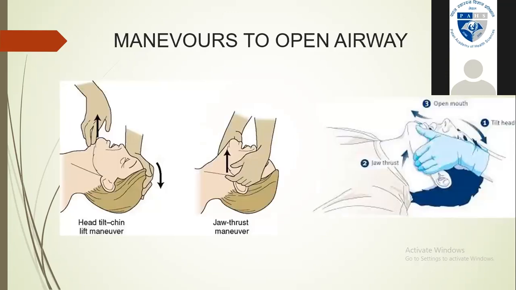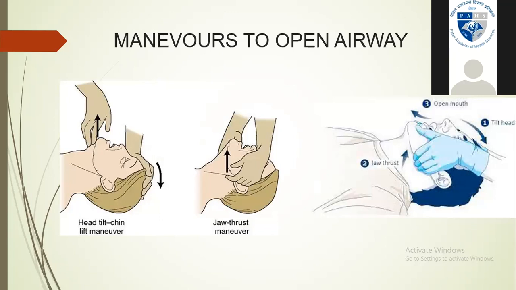Before talking about airway devices, there are simple maneuvers to open the airway, and as we all know, they are the head tilt and chin lift maneuver and the jaw thrust maneuver. Both are simple maneuvers to prevent fallback of the tongue and open the oropharynx and hypopharynx, as we have seen that the tongue can push into the posterior pharyngeal wall and cause obstruction.